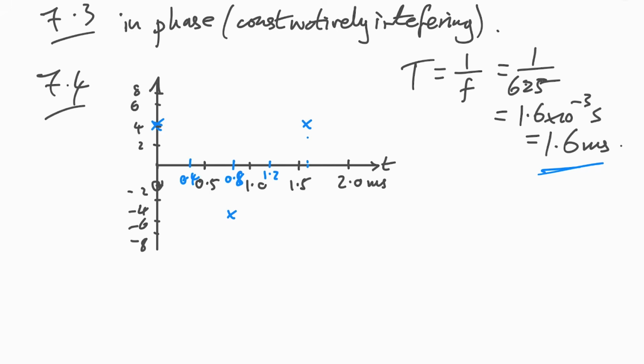So it's going to be something like this. Do we have to go more than that? Let's go another 0.4. Why not? Another 0.4 has gone through another quarter of a cycle. So it's just going to go down like that again. There we go. It's quite a nice waves question there, wasn't it?